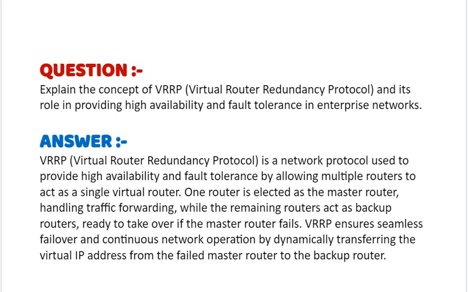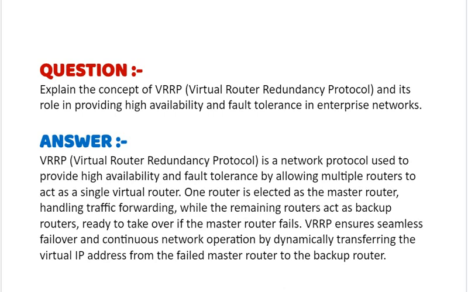Your answer should be: VRRP, Virtual Router Redundancy Protocol, is a network protocol used to provide high availability and fault tolerance by allowing multiple routers to act as a single virtual router.